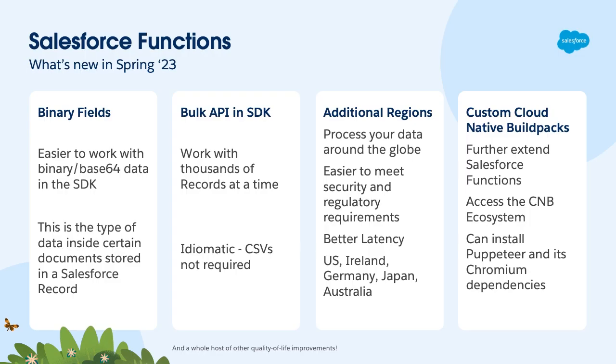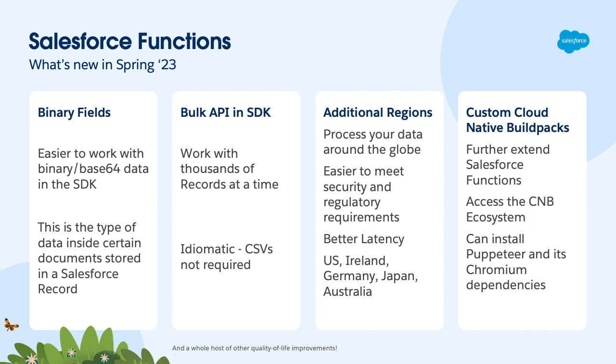We also have a number of other notable enhancements in Salesforce Functions in Spring 23. First of which I want to highlight is binary field support, where we have made it easier to work with binary and base64 data within the SDK. This is the type of data that's inside certain documents stored in your Salesforce records.